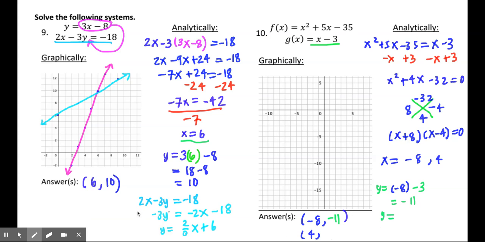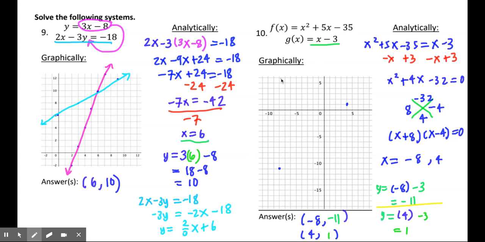So that's y equals 4 minus 3, which is 1. So our one point of intersection is -8, -11, and then the other one is 4, 1.